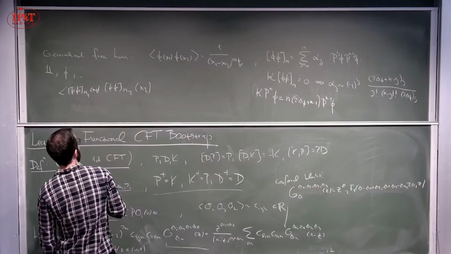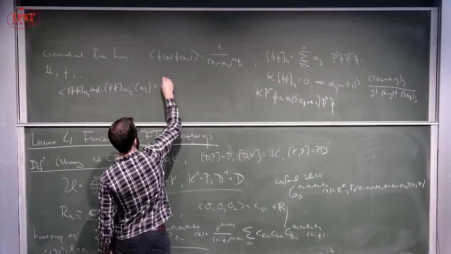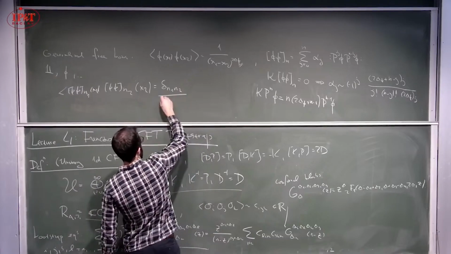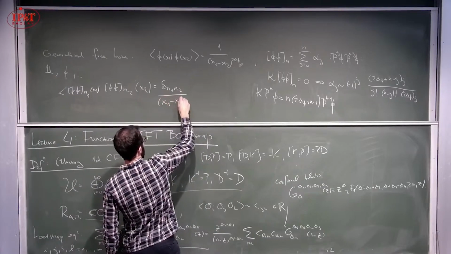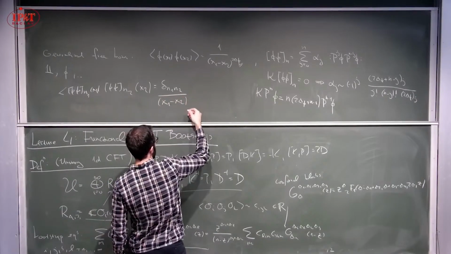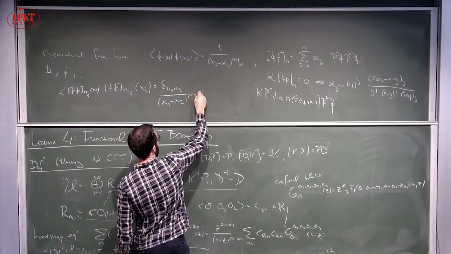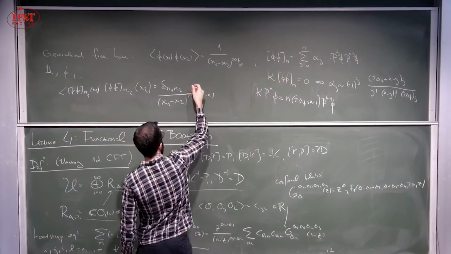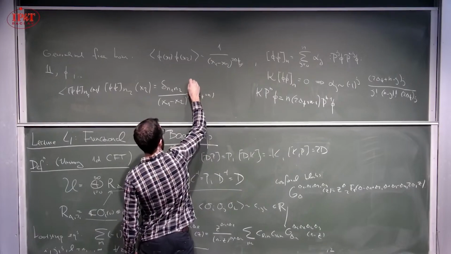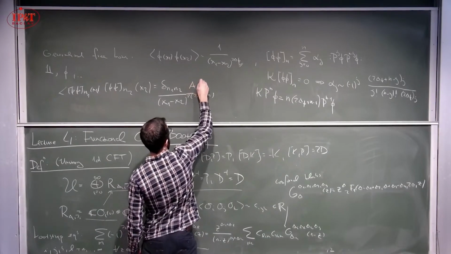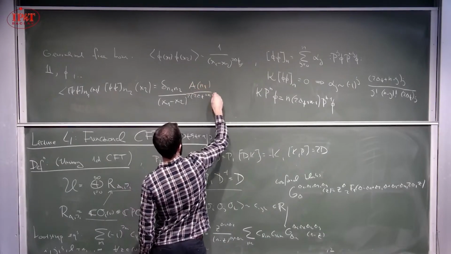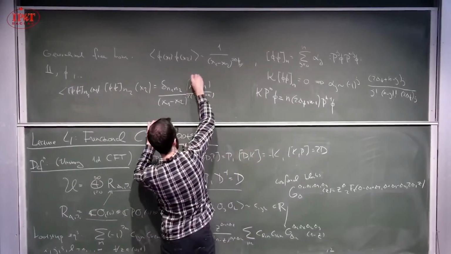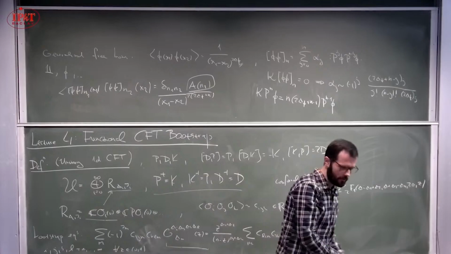So what we should find is that there is going to be a Kronecker delta in the n space, n1 and n2. There is going to be the conformal two-point function for a primary of dimension 2 delta phi plus n. And finally, there should be some overall constant, let's call it little a of n1, which is the total normalization. And for what I'm going to do later, we'll have to compute this a of n1.